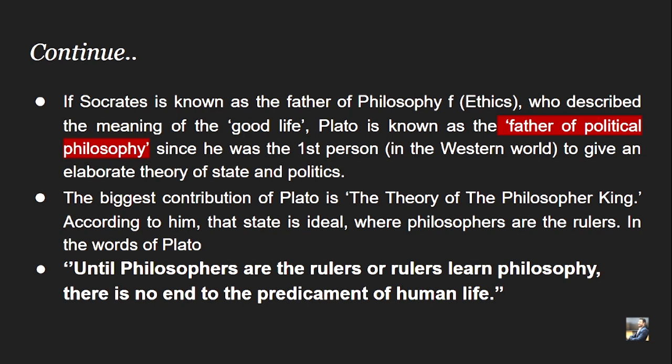Plato gives a statement which says that until philosophers are the rulers or the rulers learn philosophy, there is no end to the suffering or the predicament of human life.